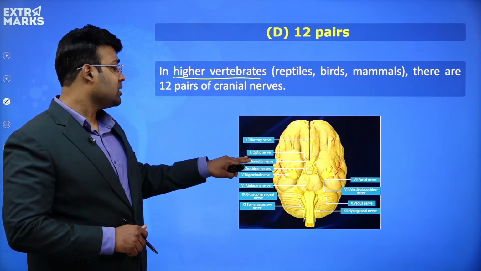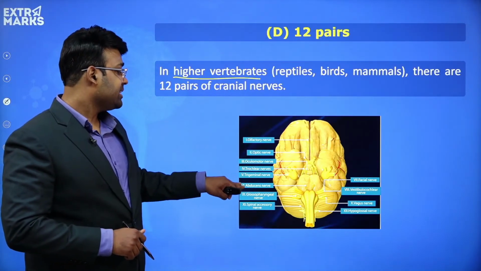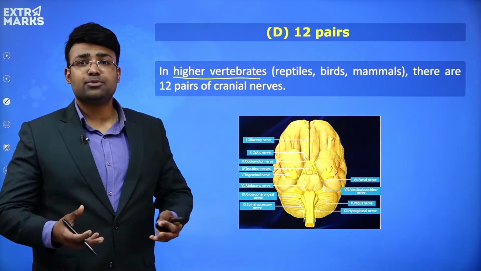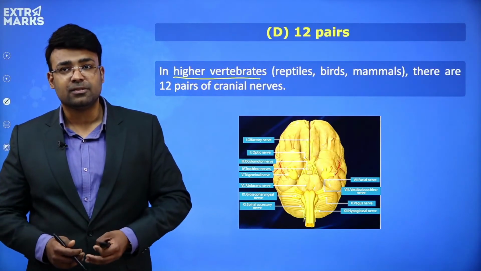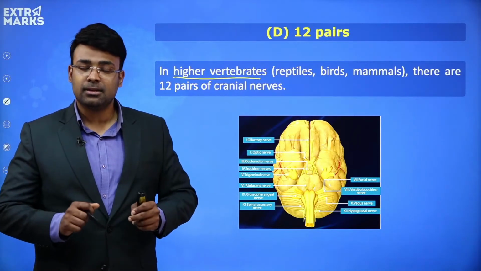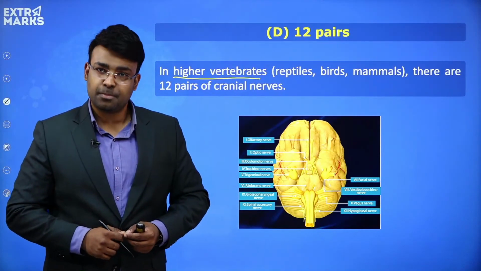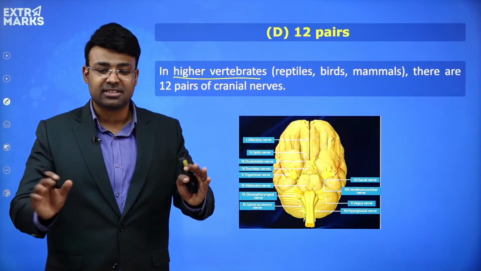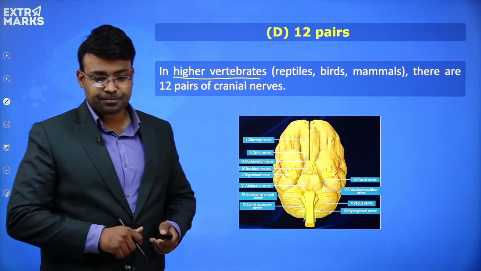Then the optic nerve, oculomotor, then the trigeminal. All these types of nerves are parts of the cranial nerves. So how many total nerves do we have? We have 12 pairs of cranial nerves and 31 pairs of spinal nerves. Clear? I hope this point is clear. Okay, let's move on.